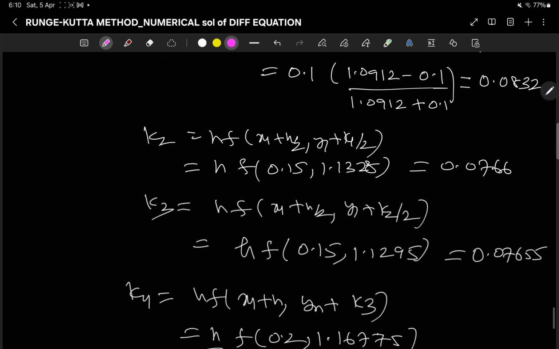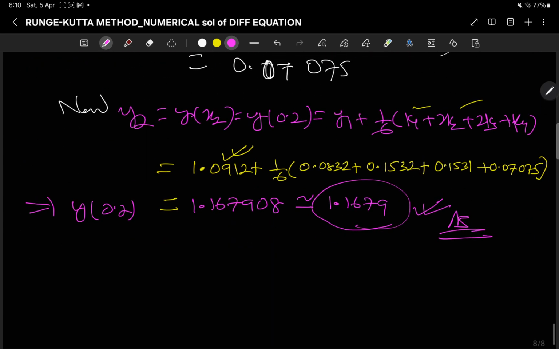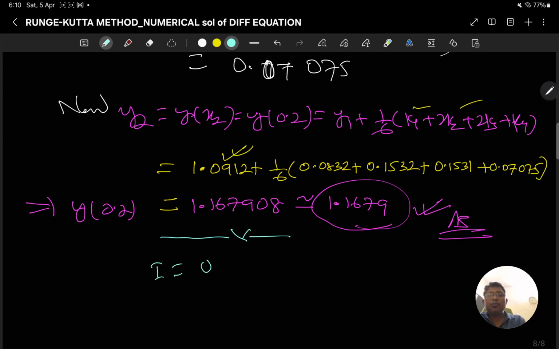Okay, similarly if it is asked to find y(0.345), then also we can continue more steps. You see, now coming to the summary. If it is asked to solve this in the interval, suppose 0 to 1, then it is quite lengthy.